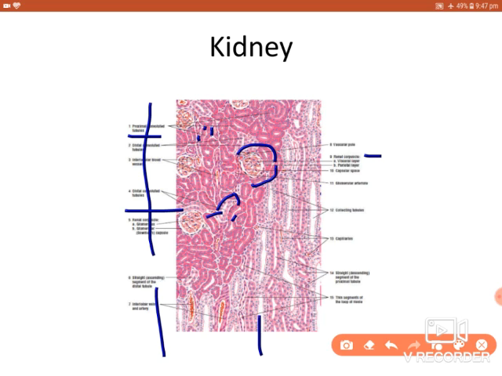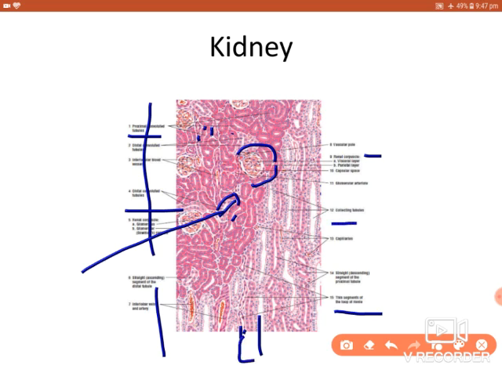See the proximal convoluted tubule, that is lined with brush bordered cuboidal cells. The distal convoluted tubule is lined with simple cuboidal cells. Then in the medulla, you can see the loop; the thin segments of the loop are lined with simple squamous cells.